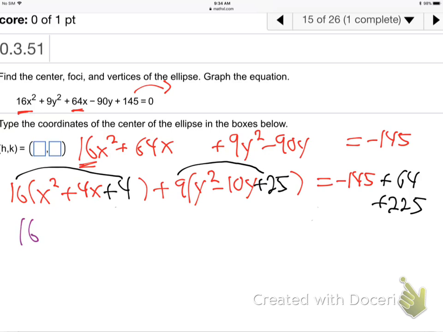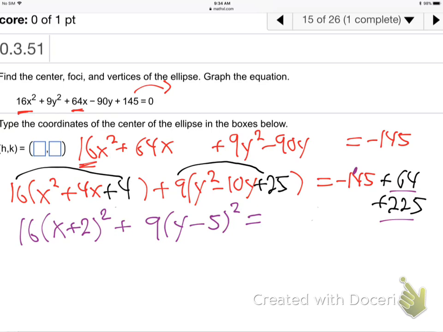Okay, so this is 16 times (x plus 2) squared. This is 9 times (y minus 5) squared. The other side, whatever your calculator tells you. What's 225 plus 64 minus 145? What is it? 144? Thank you, Michaela. 144. Good.